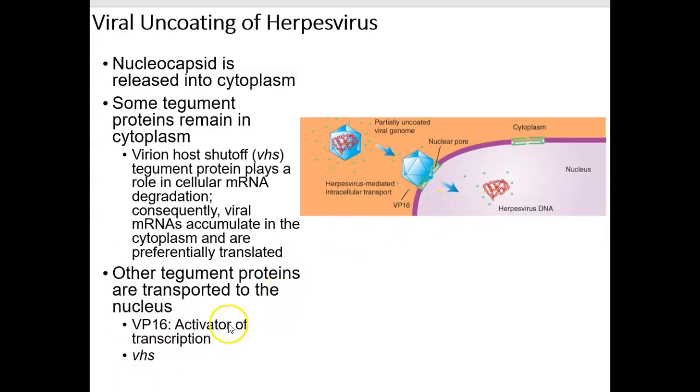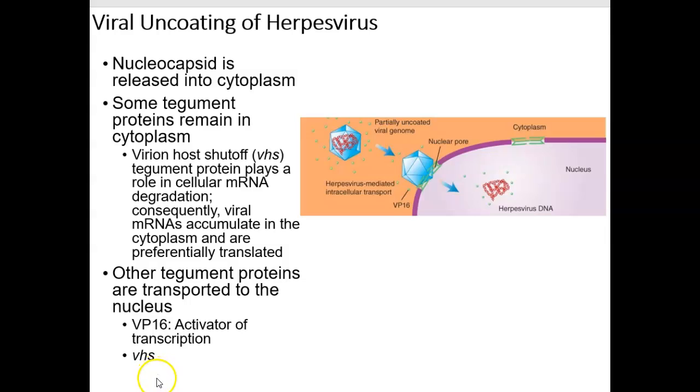The book highlights VP16, which is a tegument protein that travels to the nucleus and helps initiate transcription, and the viral host shutdown protein.